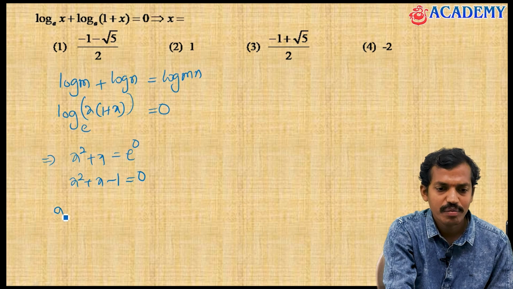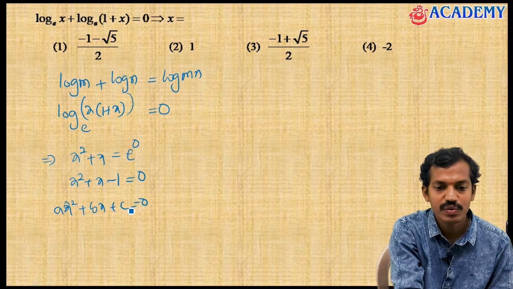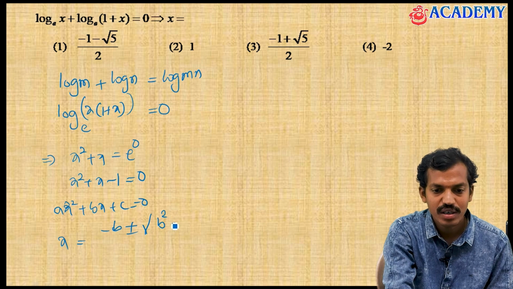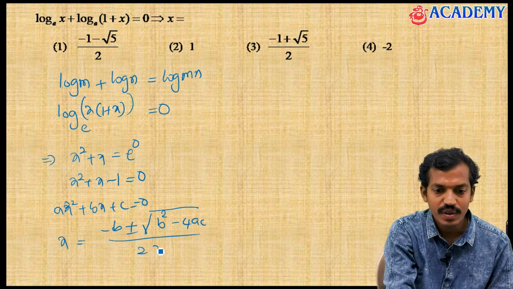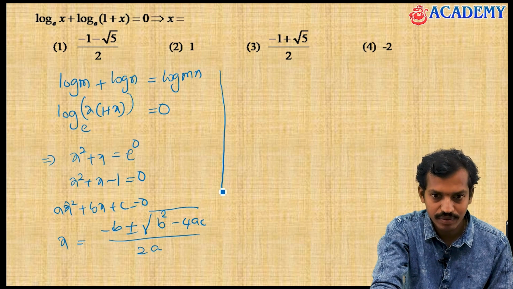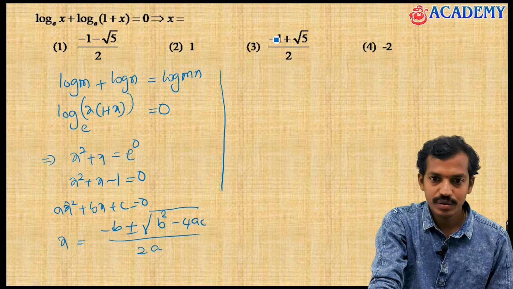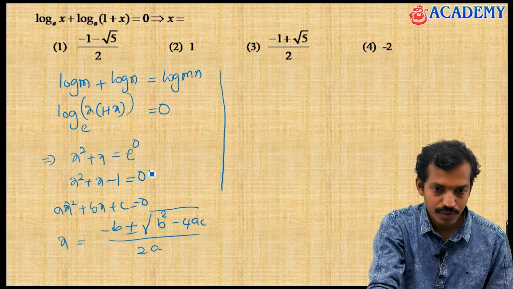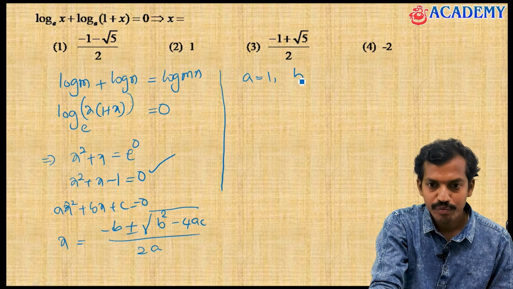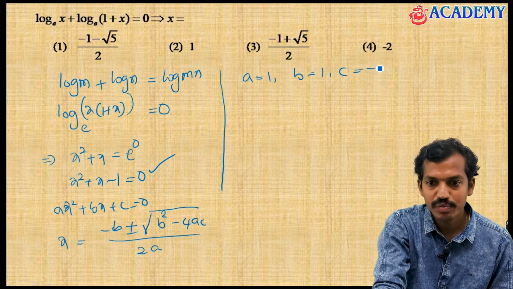We know the formula: for ax square plus bx plus c equal to 0, the roots are x equal to minus b plus or minus root of b square minus 4ac, divided by 2a. If you observe the equation, a value is 1, b value is 1, c value is minus 1.